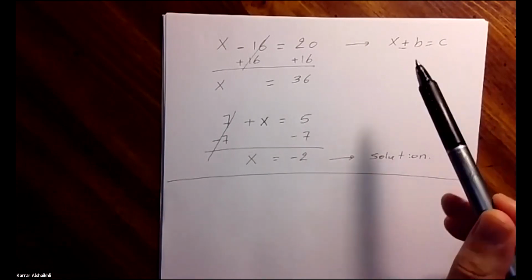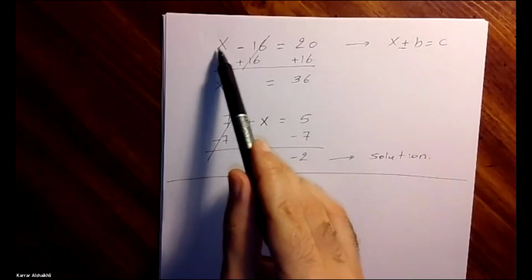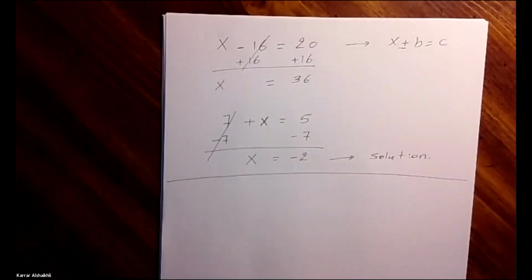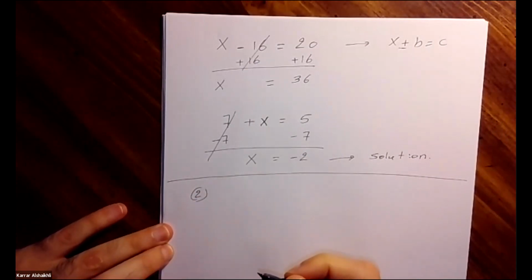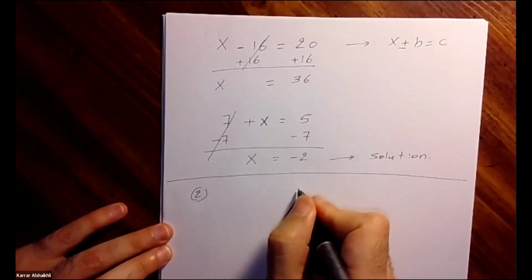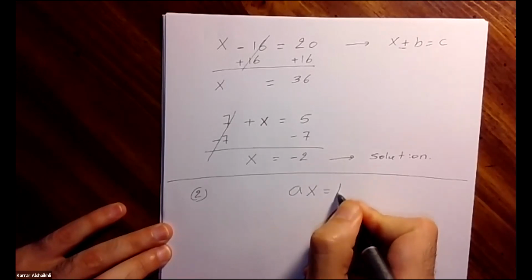Now check the first type. There's always a sign between x and the number. The second type is if we have ax equal b.